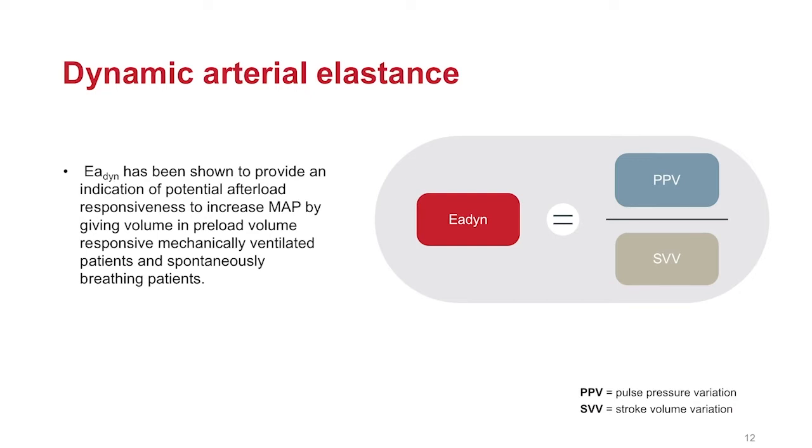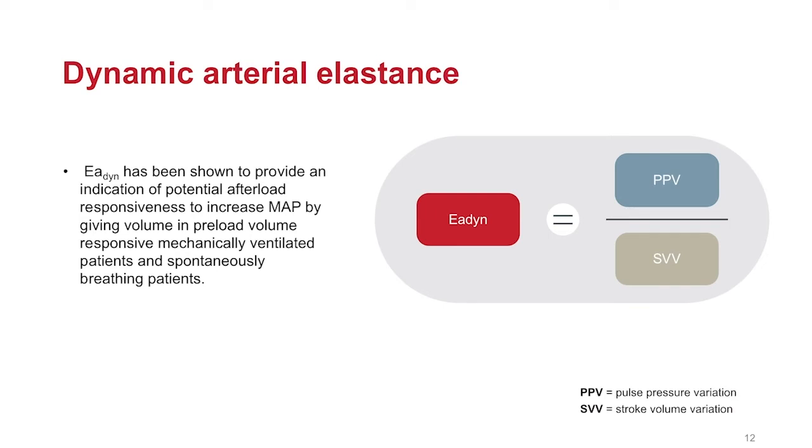Dynamic arterial elastance, or Ea-dyn, has been suggested as a functional measure of arterial load, and it's the ratio of pulse pressure variation to stroke volume variation. It's essential to understand that this is not a measure of arterial load per se, but simply defines the dynamic interaction of two variables, that is PPV and SVV.